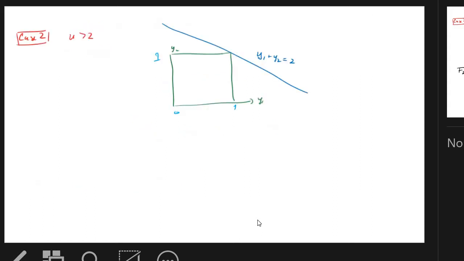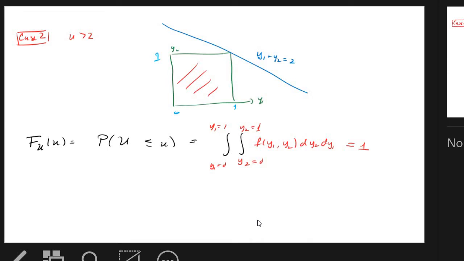The other one is u bigger than 2. How do I know that this is 2 here? Well, that's the intercept that you're going to get right at 2, and then everything goes up to this point. In this region, what would the distribution function have to be? 1. I can do the math, but you know the answer is 1 above that region.